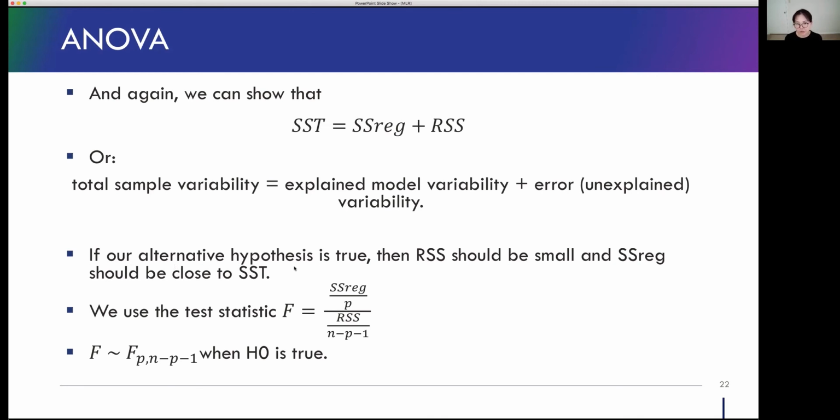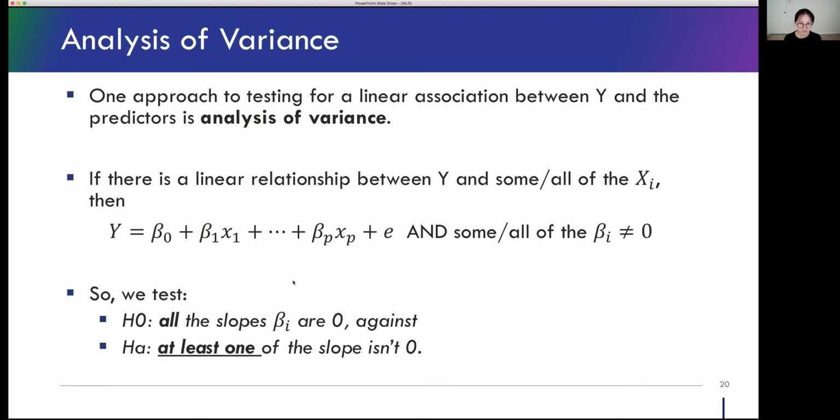So if our alternative hypothesis is true, then the residual sum of squares should be small, right? And this SS reg should be close to the total sum of squares. Because remember, the alternative hypothesis is that at least one of the slopes is not 0.